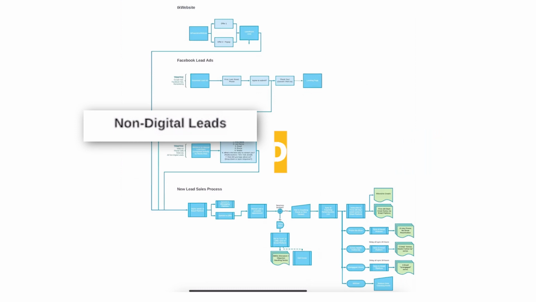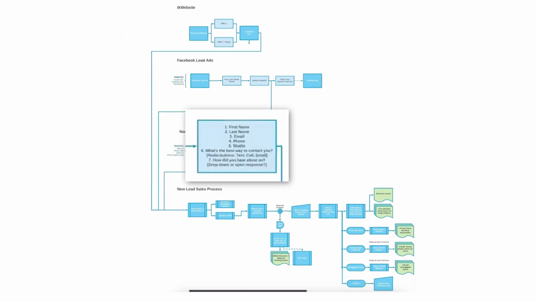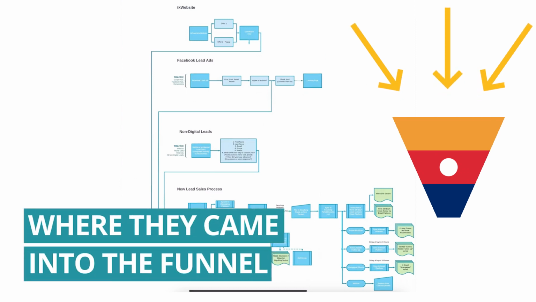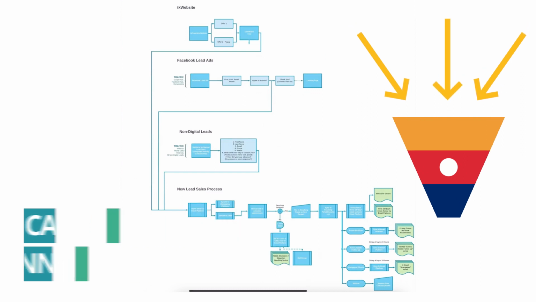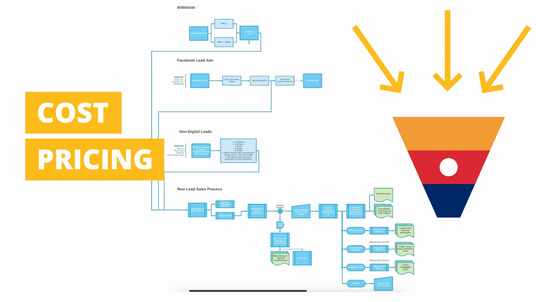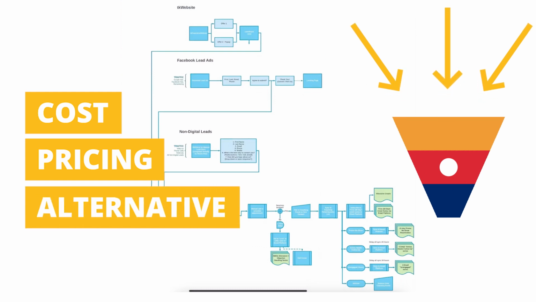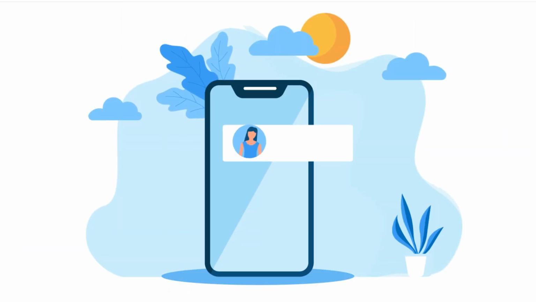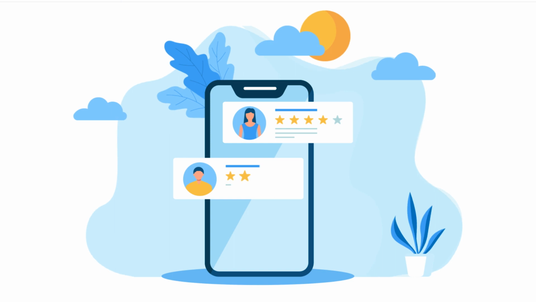And then we'd have a funnel built out from here. The objective is that whenever we get down in the funnel to the sales piece, we know where they came into the funnel. Did they have a question about cost and pricing? Did they have a question about alternatives? Did they have a question about how well we're perceived, or the reviews that we have in the marketplace?